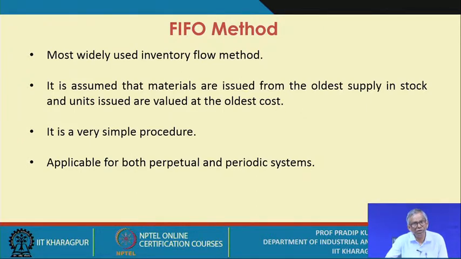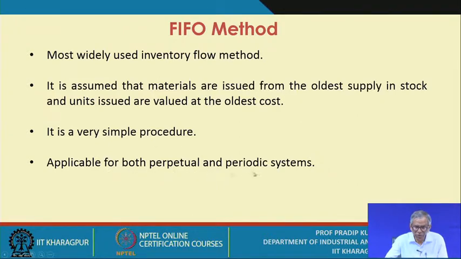What is first in first out? That means the items which are considered the oldest supply are to be used first. This is the consideration here. It is a very simple procedure. When you take up one example, you will come to know how simple it is.